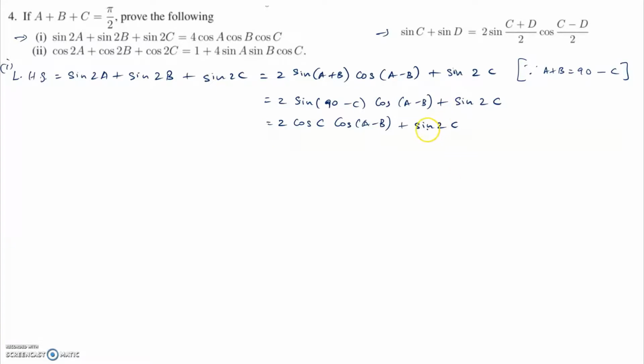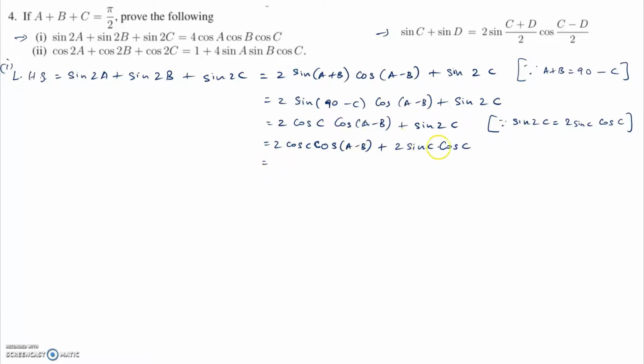Now, you can rewrite sine 2c as 2 sine c cos c. Since sine 2c is equal to 2 sine c cos c, this will become 2 cos c cos(a minus b) plus 2 sine c cos c.